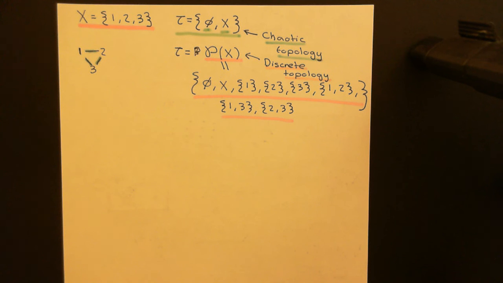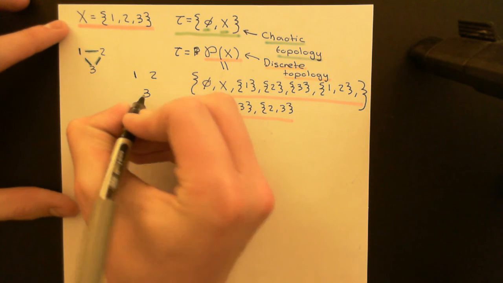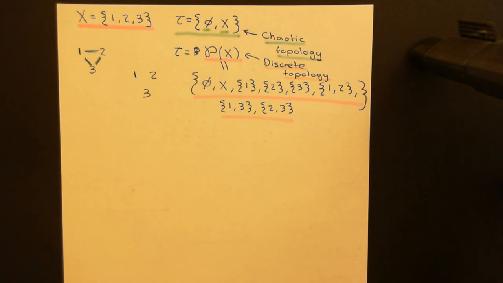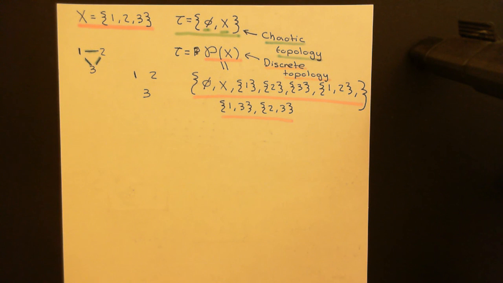Now it's the exact opposite case for the discrete topology. So if we now look at the discrete topology on the same set, we'll use the set 1, 2, 3 now, and we're going to ask, should we draw lines, should we connect, should we put elements of this set next to other elements of this set?